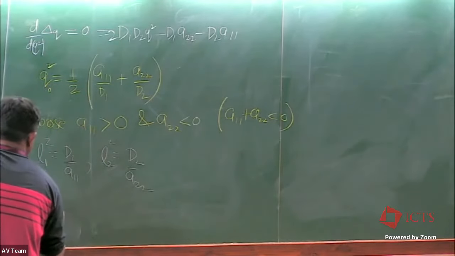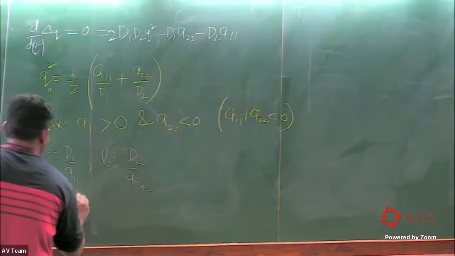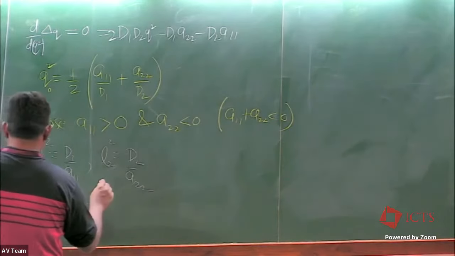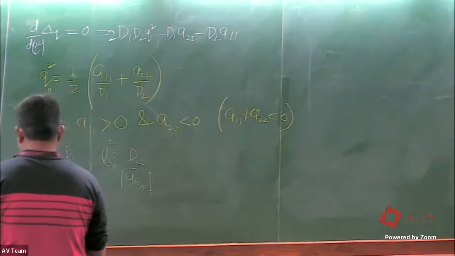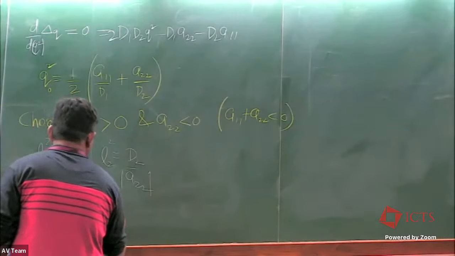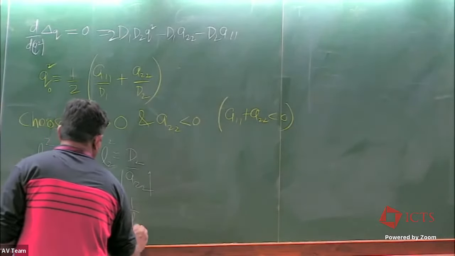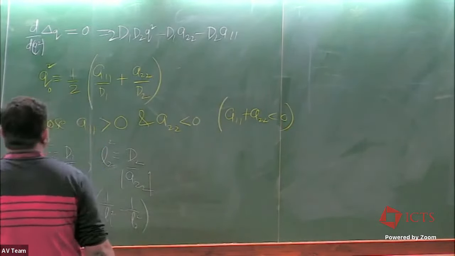And so my Q naught square is basically half of modulus of A22, basically 1 by L1 square minus 1 by L2 square.